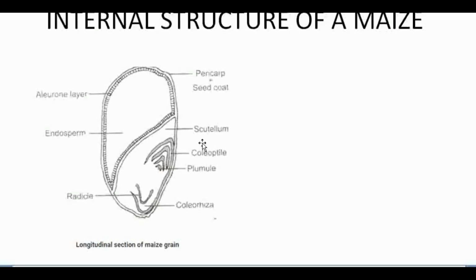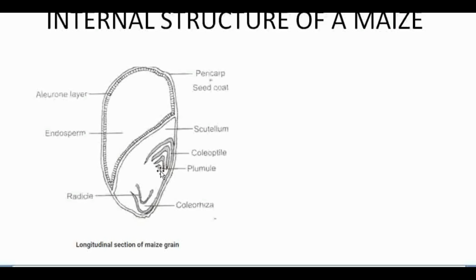So the next one is this. As this maize grain is a monocot, it has a special name, that is scutellum. This maize grain has only one cotyledon, so it is called the scutellum. It has a plumule here and the radicle here.